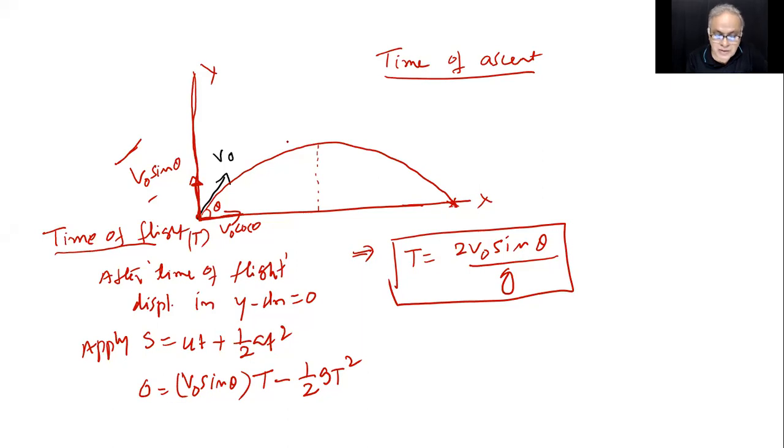So at the maximum height, what happens, children? The velocity will be simply V0 cos theta. Don't say velocity becomes 0 here. Why? This V0 cos theta component is not acted upon by g. So it will remain as it is all the time. Only the y velocity becomes 0 here because of g.